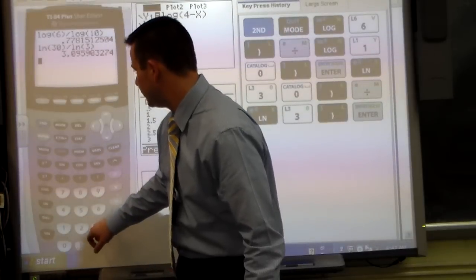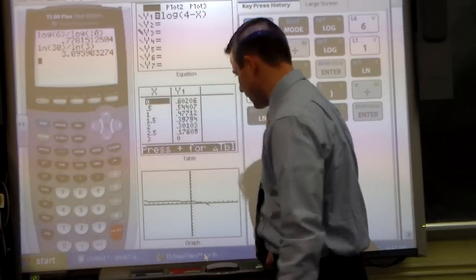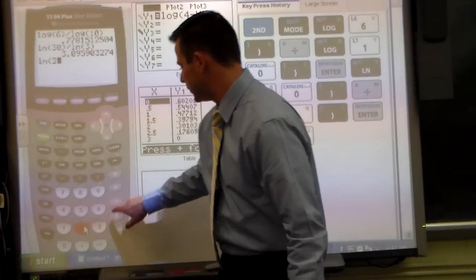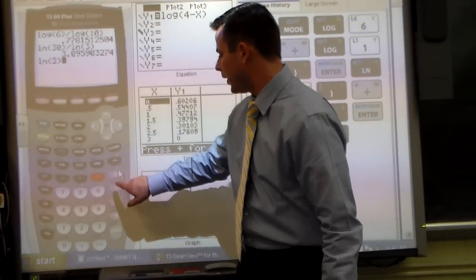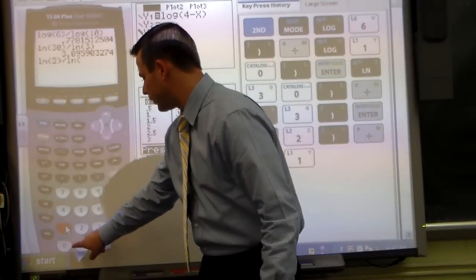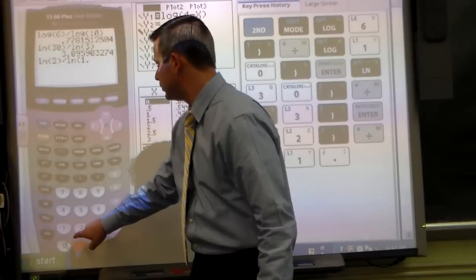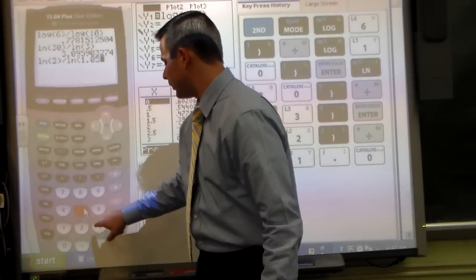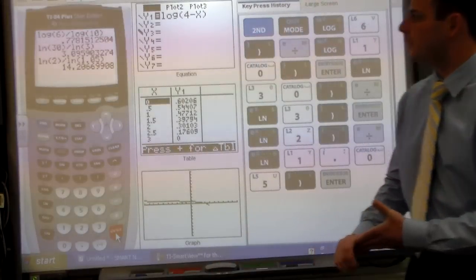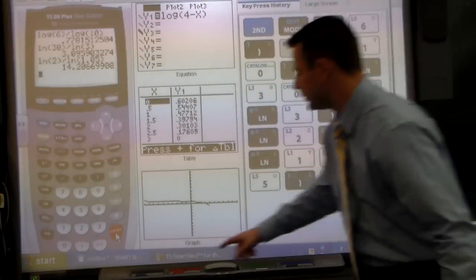Oh, I have the pen up. ln 2, close parentheses, divided by ln 1.05. Enter. And we get t equals 14.21.